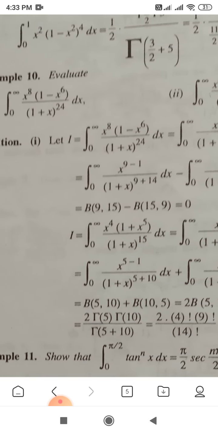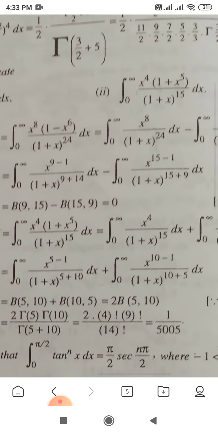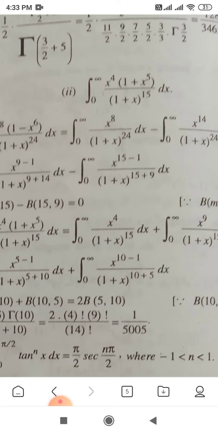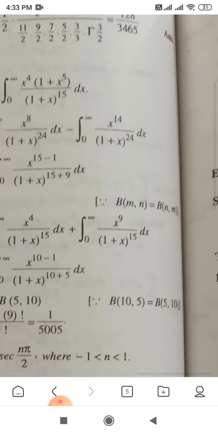Now the formula of beta(m, n) is equal to integral 0 to infinity x^(m-1) upon (1 + x)^(m+n). So comparing with the formula, we get the expression beta(9, 15), and the next expression minus beta(15, 9).